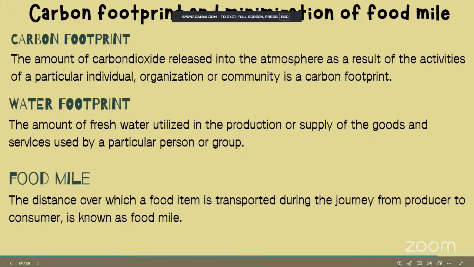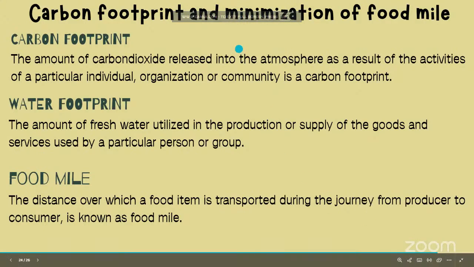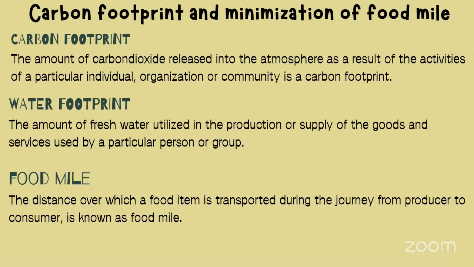Right. So we have another three more slides to go. Okay. So I have skipped that entire part about multiple cropping and eutrophication and stuff because that's just pollution. Y'all can read it, right? Anyways, carbon footprint as well as minimization of food mass. So these are definitions and you'll have to know the definitions. Okay.